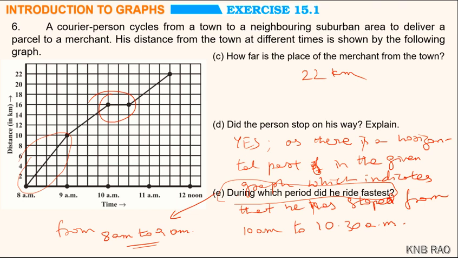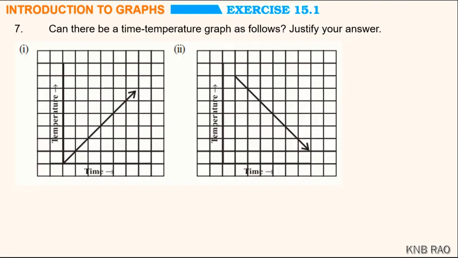Now we will go for 7th question. Here the question is, can there be a time temperature graph as follows? Justify your answer. Now first one, as time proceeds, temperature increases.